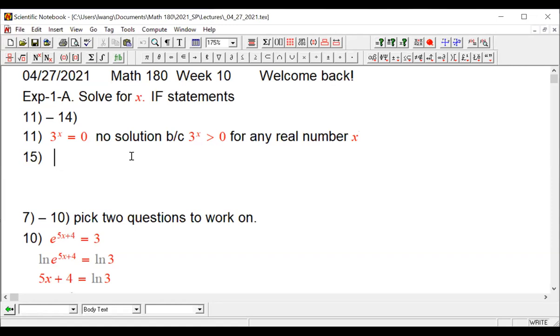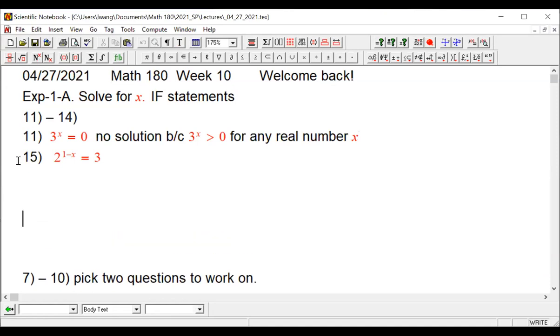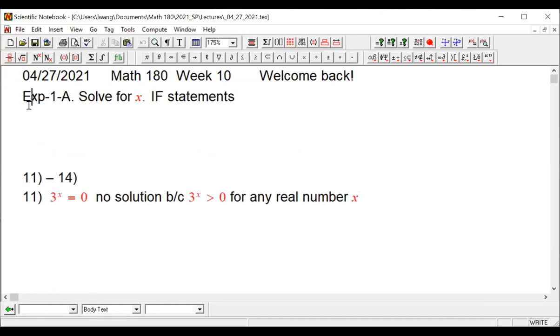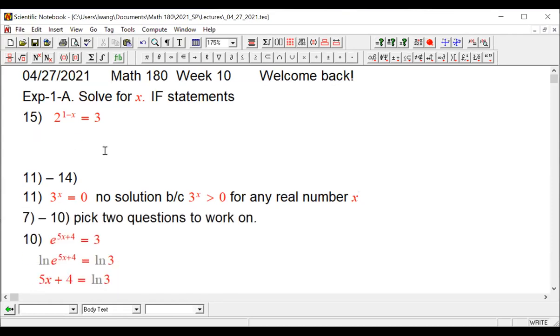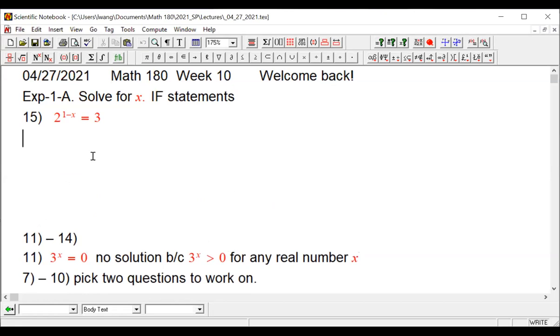So number 15, we have 2 to the power of 1 minus x equals 3. I'm going to put it on the top, just to make it easier to track. Now you can take logarithm on both sides, or we can use the definition.